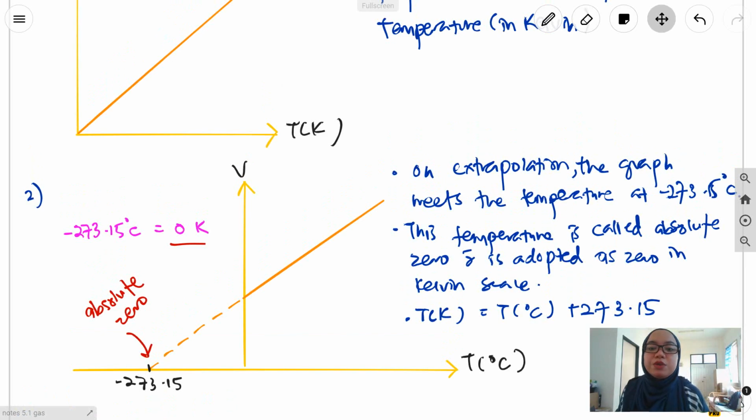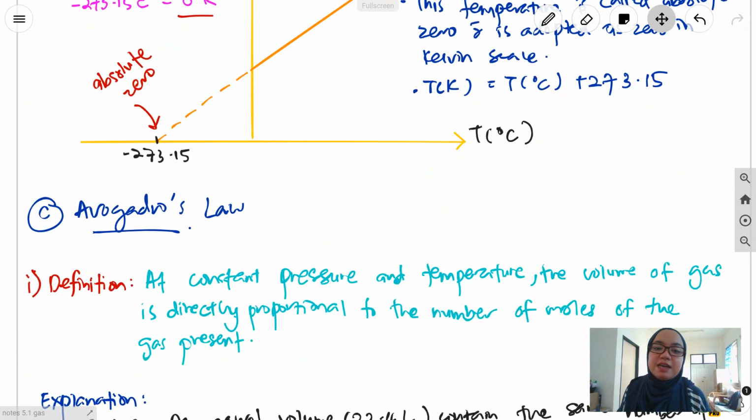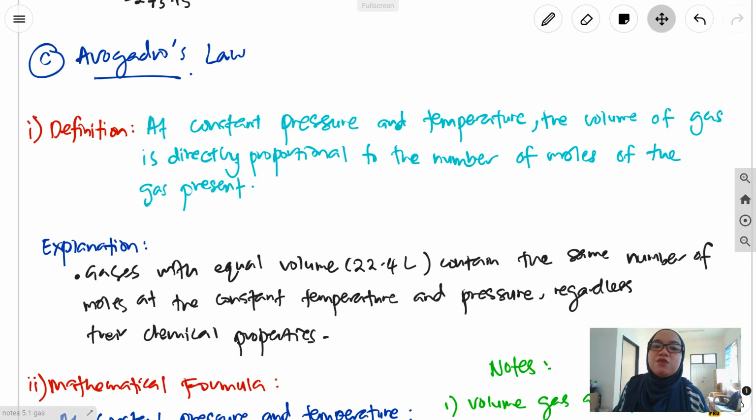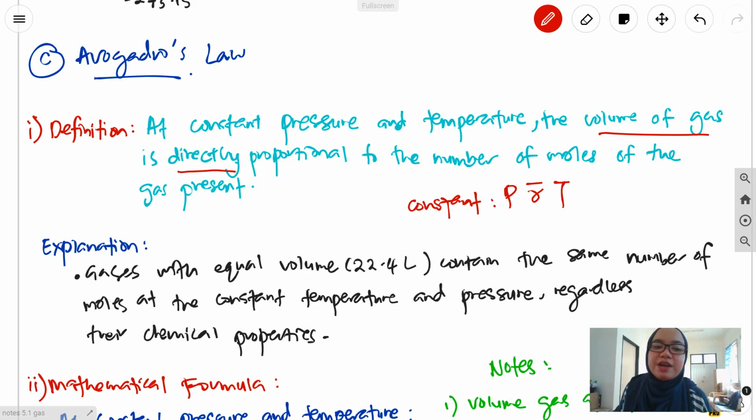Now we are going to move on to the last gas law, which is Avogadro's law. In Avogadro's law, it states that at constant pressure and temperature, the volume of gas is directly proportional to the number of moles of the gas present, or the amount of the gas present.